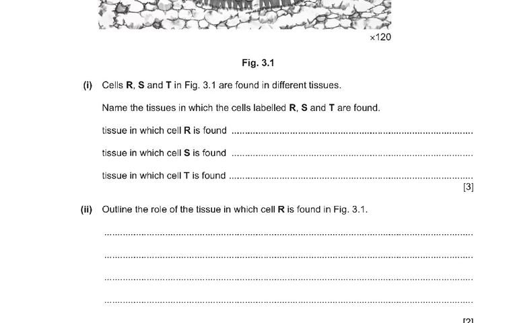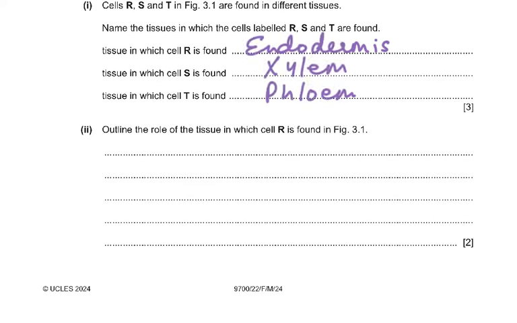Name the tissues in which these are found. Now coming to part 2, outline the role of the tissues in which cell R is found. R is the endodermis. So what happens in the endodermis? To stop water moving through the apoplast pathway, or you can say to force the water movement to the symplast pathway, so that water moves from the cell wall to the cytoplasm.